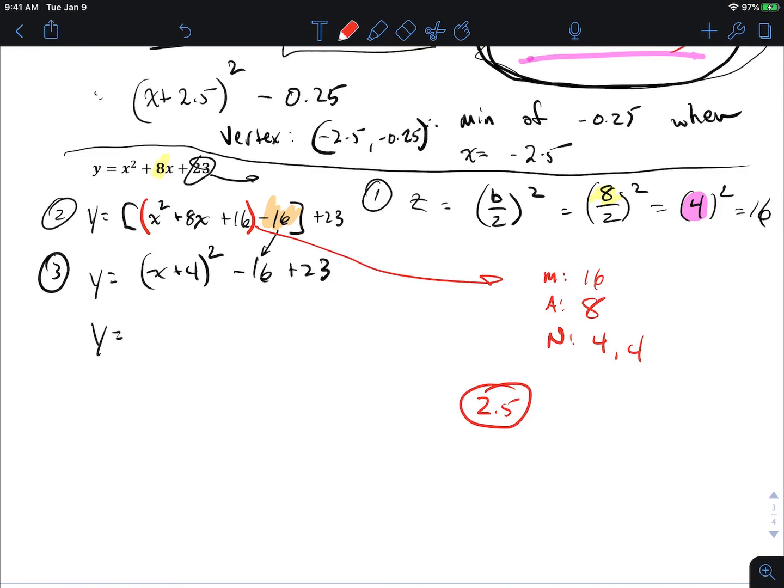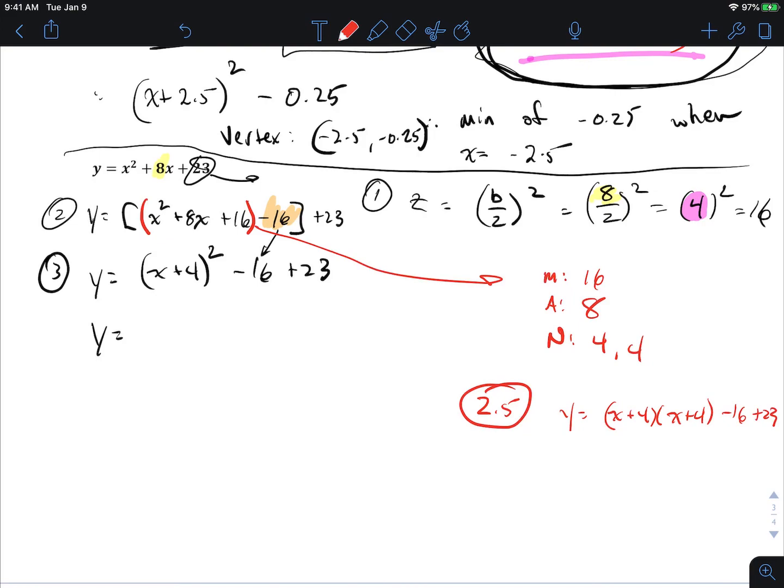Step 2.5: y is equal to x plus 4, x plus 4, minus 16 plus 23. So that'll be the step in between step 2 and 3.